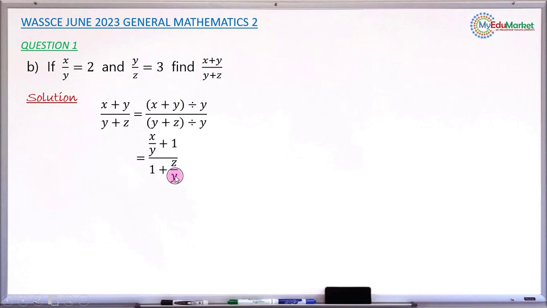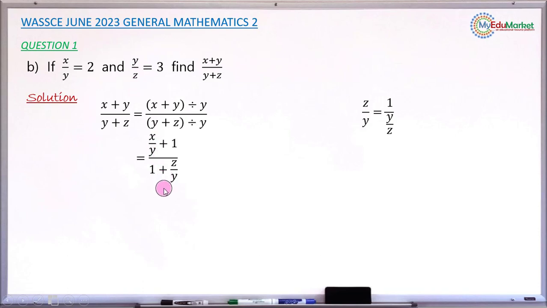So this z over y is nothing but the reciprocal of y over z, which is 1 over y over z. If you divide 1 by y over z, it simply means 1 times z over y, which gives you z over y. So if I'm going to replace z over y, I will put 1 over 3 here.